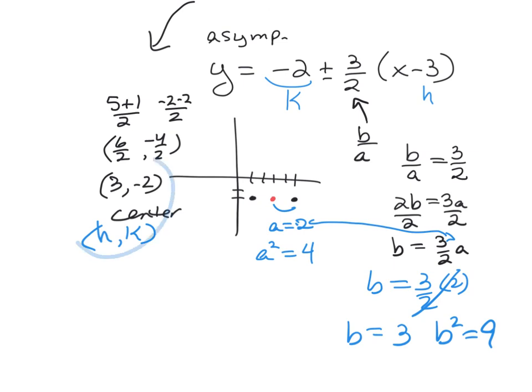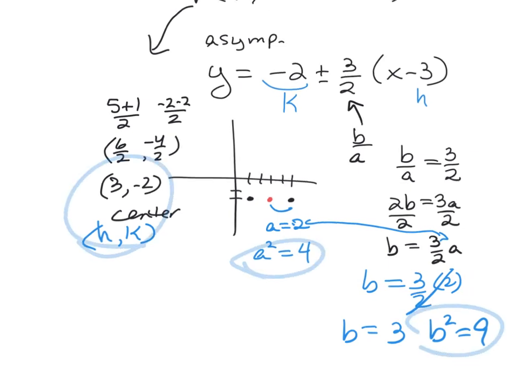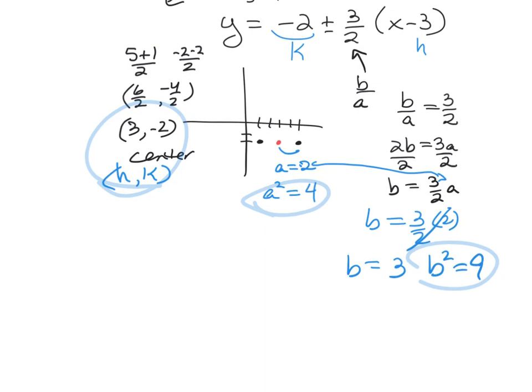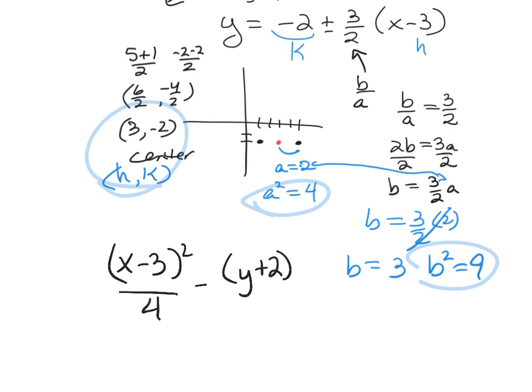So I'll be adding this, this, and this to my equation. So let's go ahead and fill it in. Final answer here is x minus 3 squared over 4 minus y plus 2 squared over 9 equals 1.